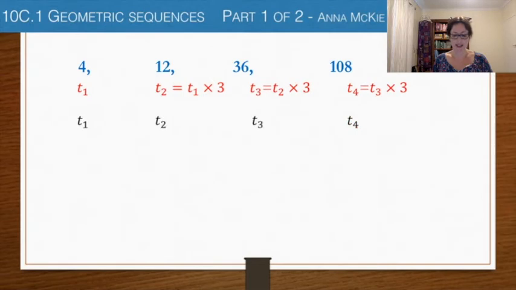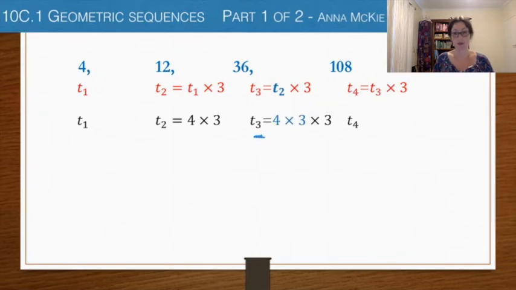Now, looking at it in a different way, thinking of these as our 4 terms, T1, 2, 3, 4. Thinking about term 2 here, we had our first term, which was 4, and we multiplied that by 3. Yep, that's fine.